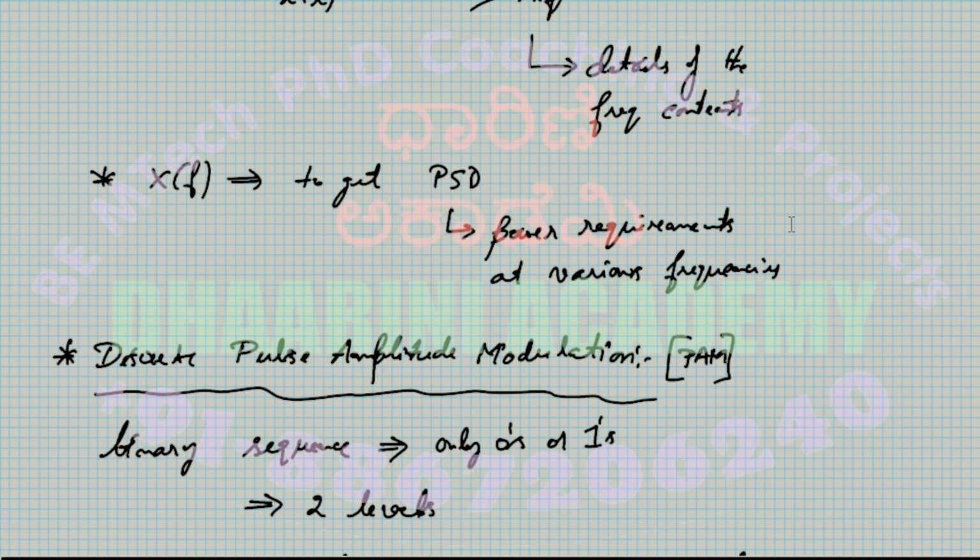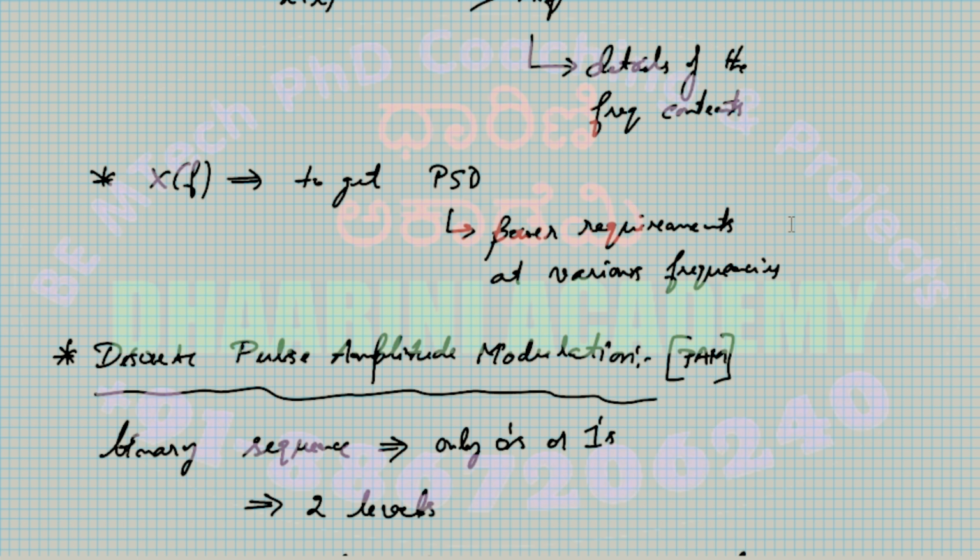You will come to know if I want to have a communication of a specific requirement, you are going to supply at least this much of power. What is the amount of power you need to put at various frequencies? That's why the PSD representation becomes very important.